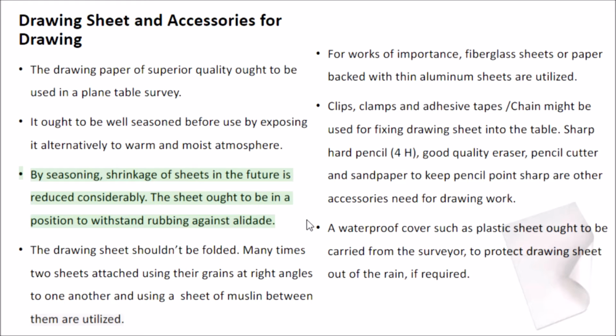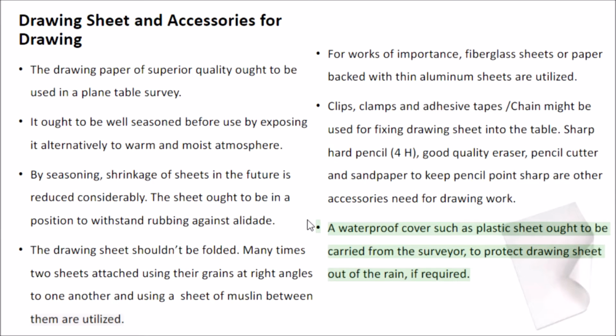The sheet ought to be able to withstand rubbing against the eraser. The drawing sheet shouldn't be folded. Many times two sheets are attached with their grains at right angles to one another and with a sheet of muslin between. For works of importance, fiberglass sheets or paper backed with thin aluminum sheets are utilized.